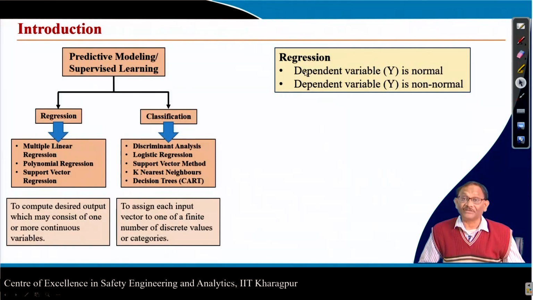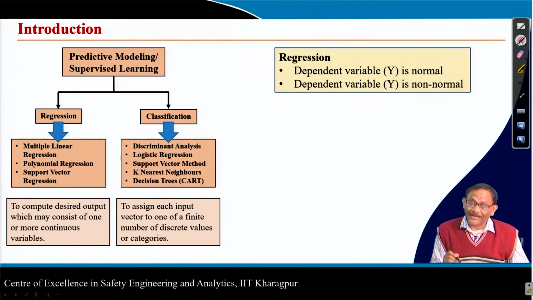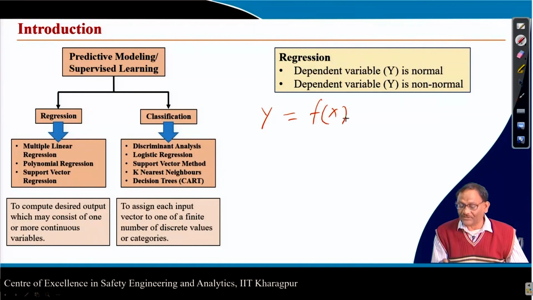Now, this is another concept. I have two types of variables, one is y, another one is x, and I am interested to know how y is a function of x. This variable y is known as the target variable or response variable.